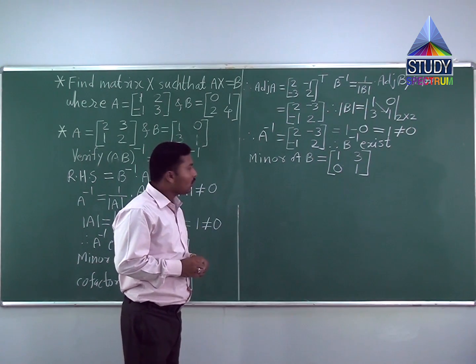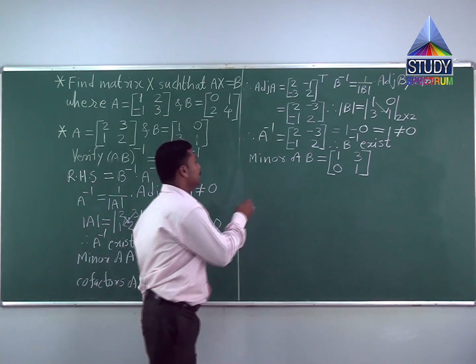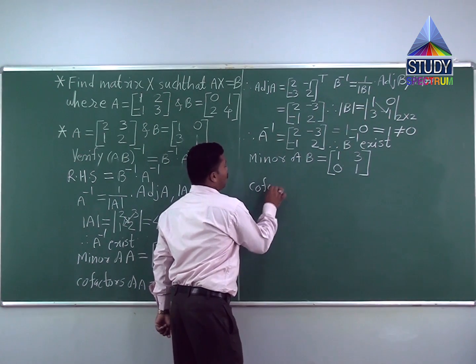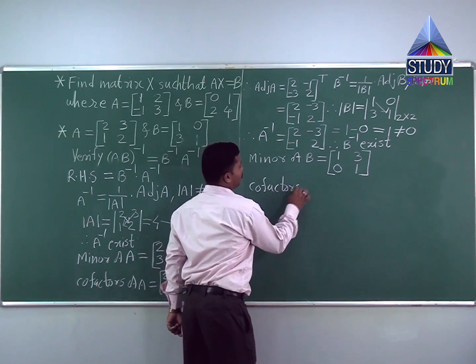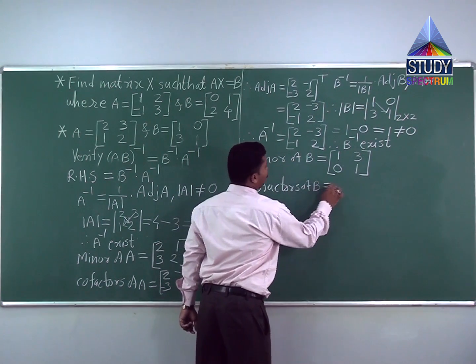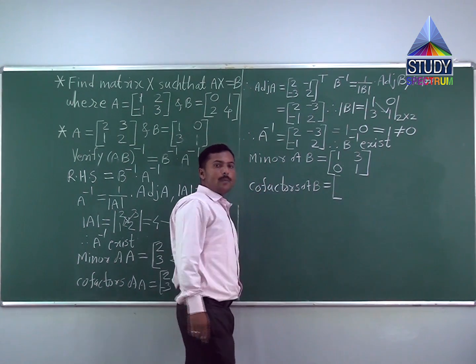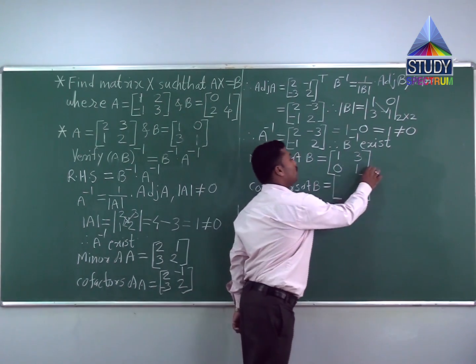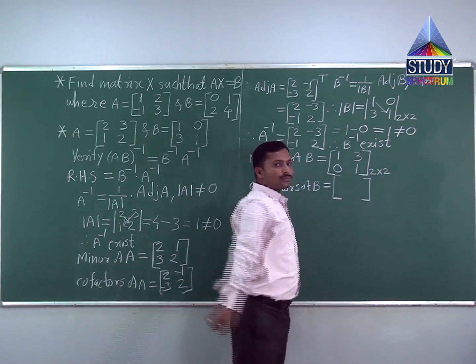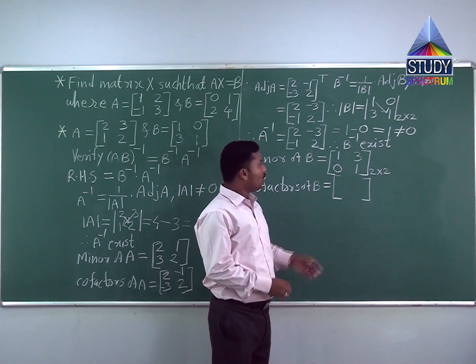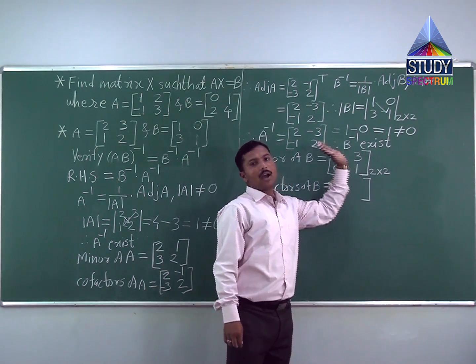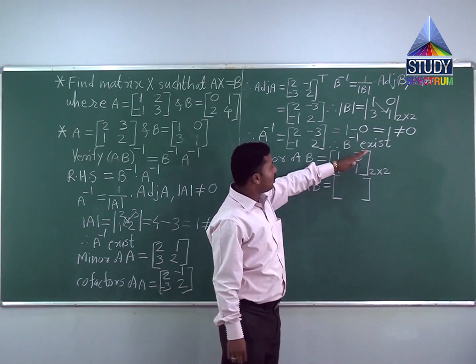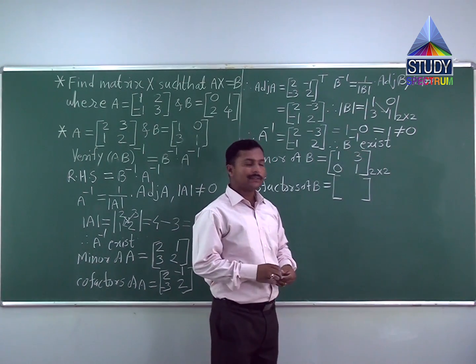In the same way we find the cofactors of B. What is the meaning of cofactors? This is a 2 by 2 matrix, so the idea is: no change in the diagonal numbers, and change the non-diagonal numbers by sign only.